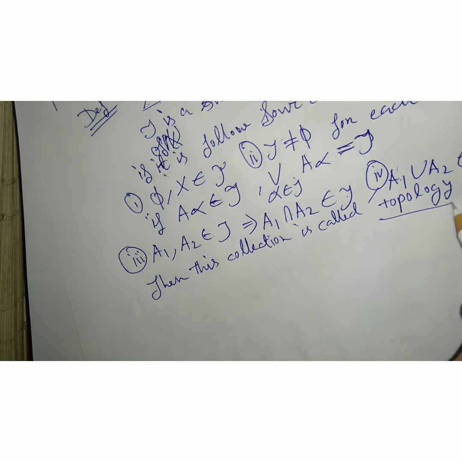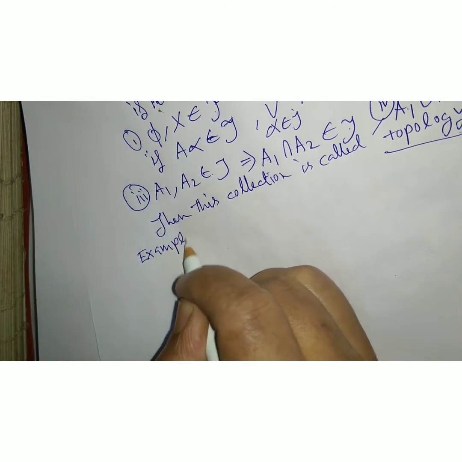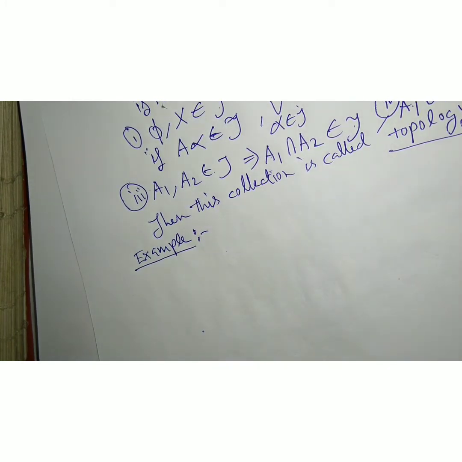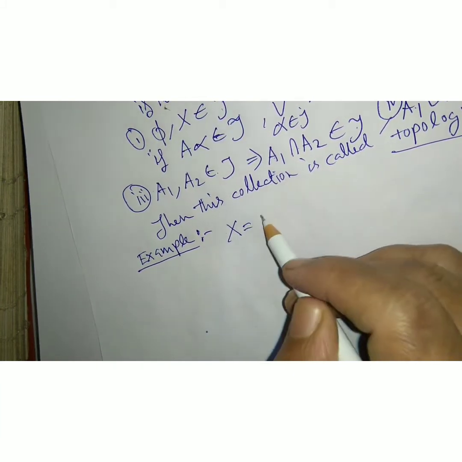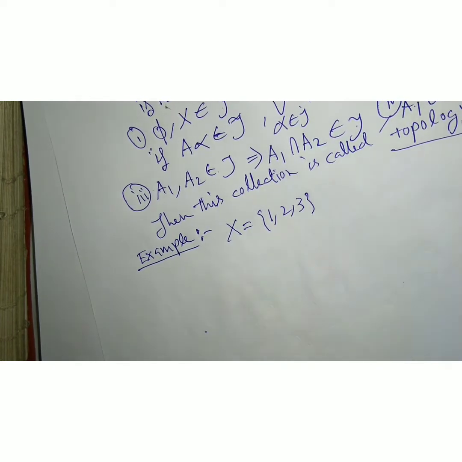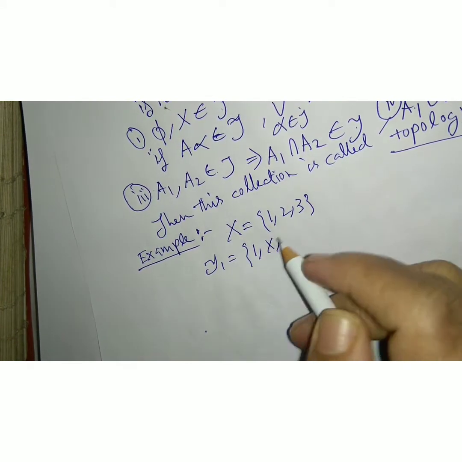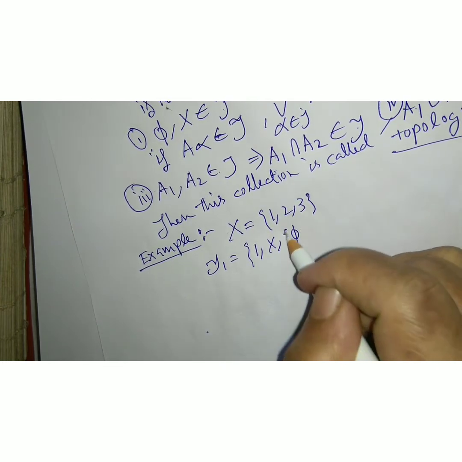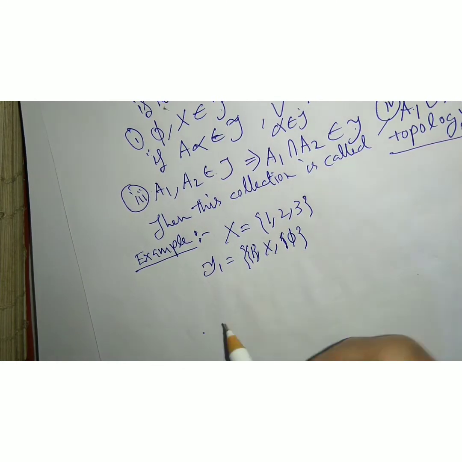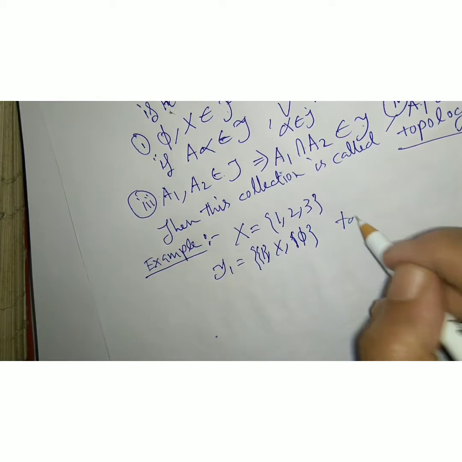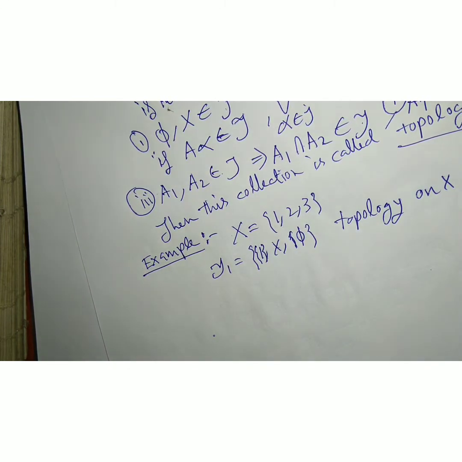Let's start with an example. You can take X equal to {1, 2, 3}, and tau 1 equal to {1, X, phi}. Tau 1 is a topology on X. How?